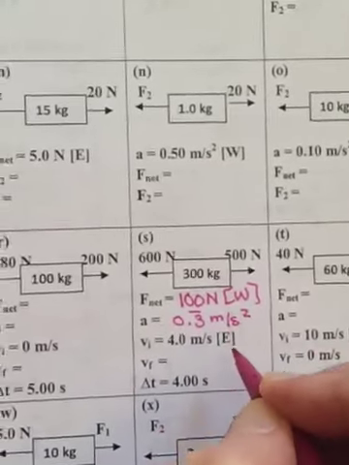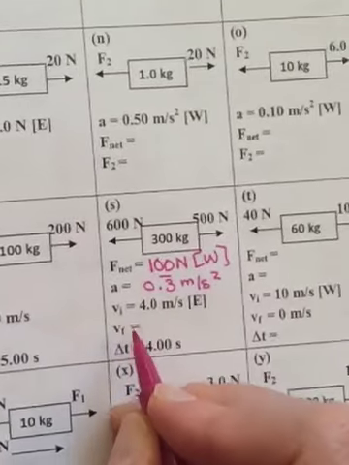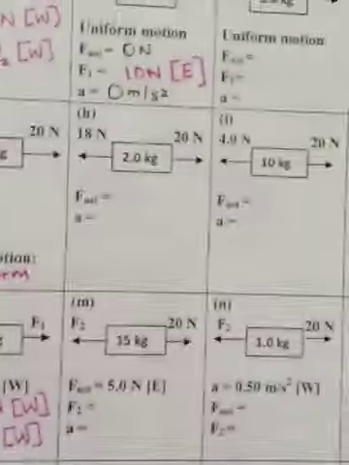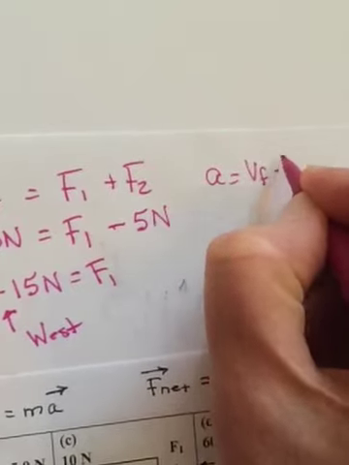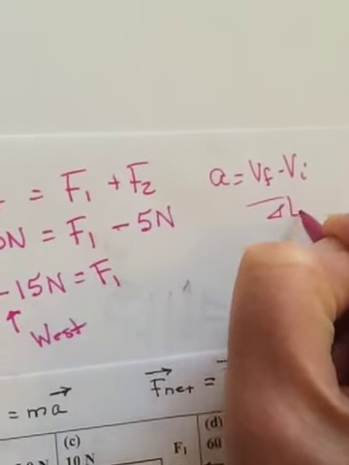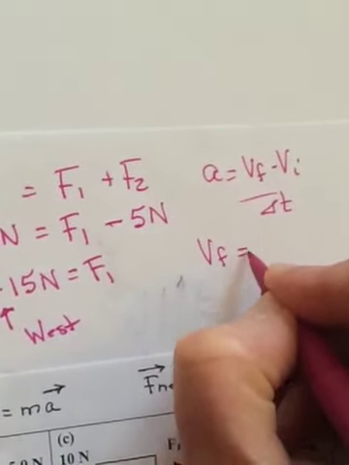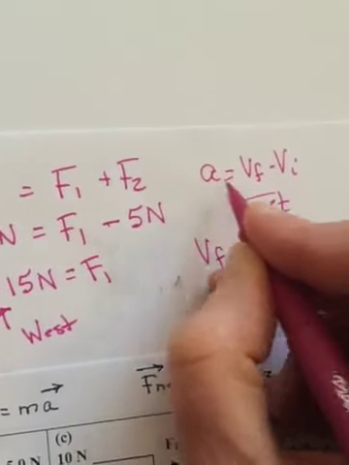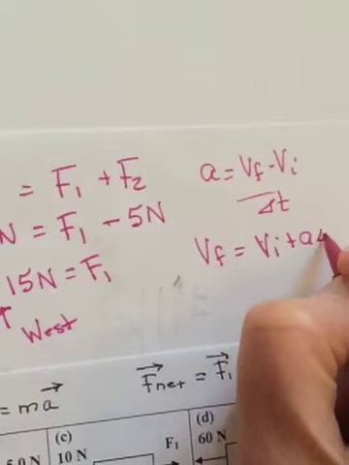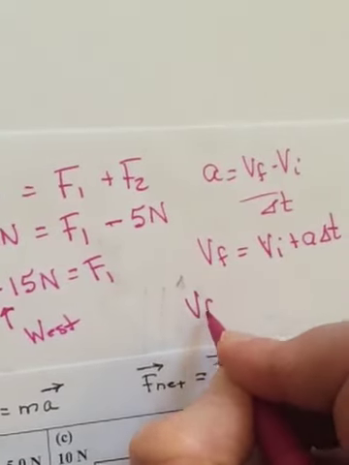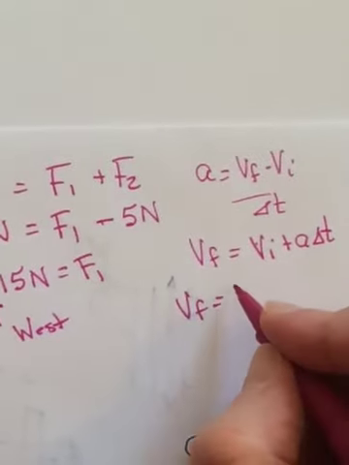And then you can get your VF by using, need a sheet of paper again, A is equal to VF minus VI over delta T. So VF is equal to, take the delta T up and the VI over, VI plus A delta T. So VF equals, back to that example, the VI was 4 meters per second east.